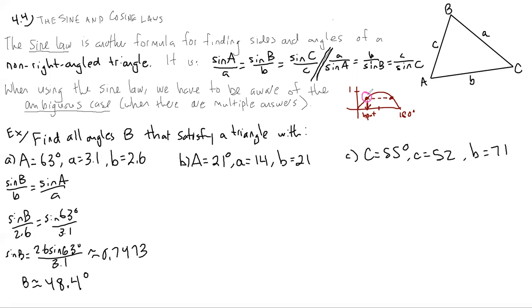This is the answer that I got if I take this picture and move it down here. This answer would be my 48.4 degrees, which would be that distance there. And by symmetry, it should be the same distance to get the other potential answer. So it would be 180 minus 48.4.